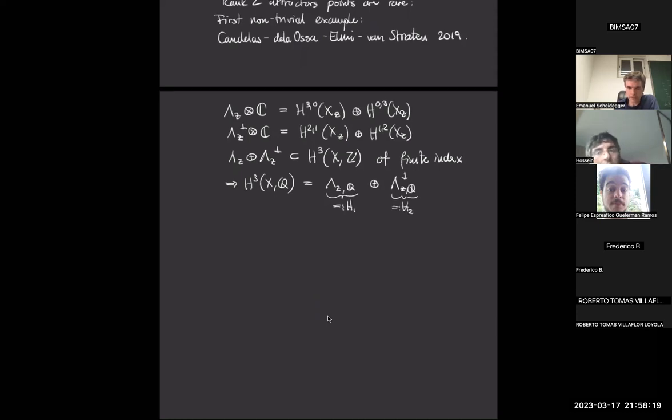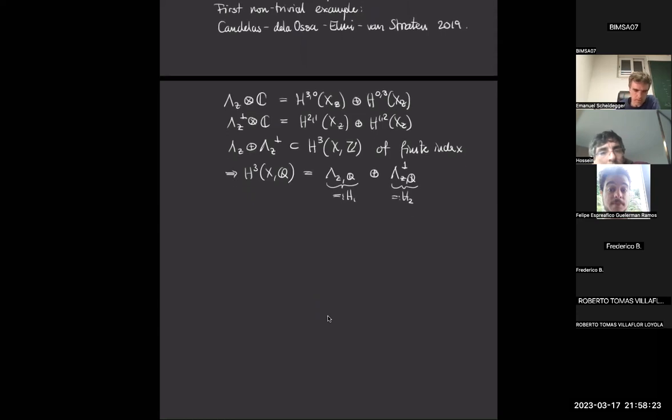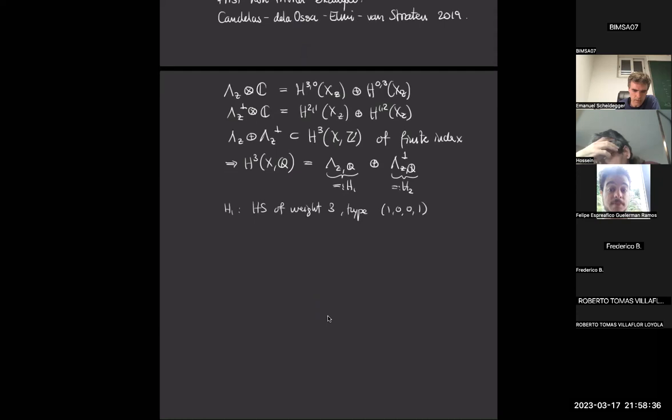But since we have this decomposition into Hodge structures, this means that H1 is a Hodge structure of weight 3 and type (1,0),(0,1). And H2 is a Hodge structure also of weight 3 and type (0,1),(1,0).